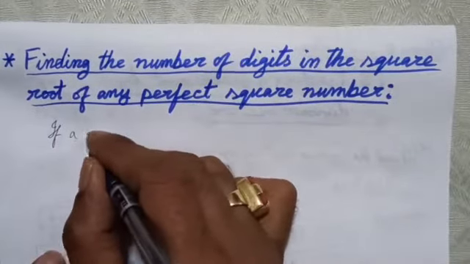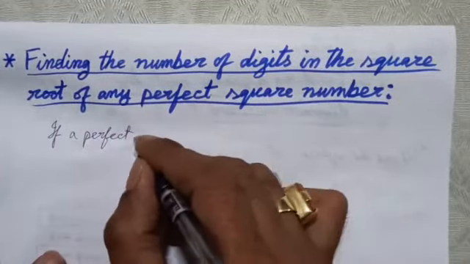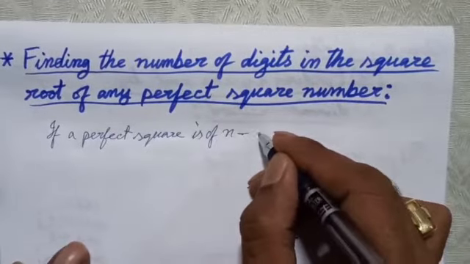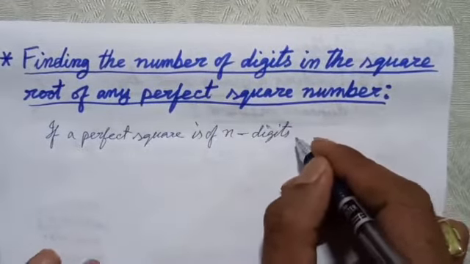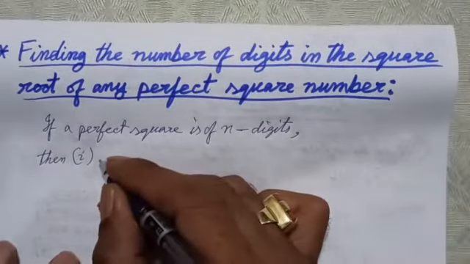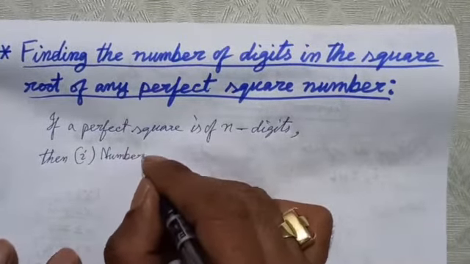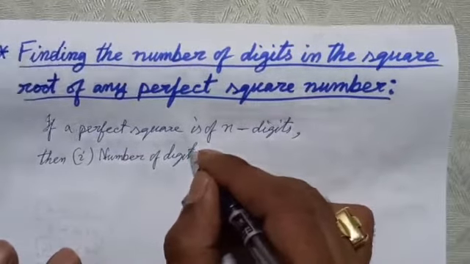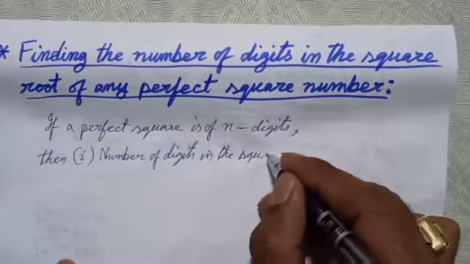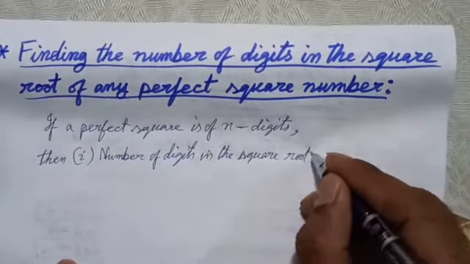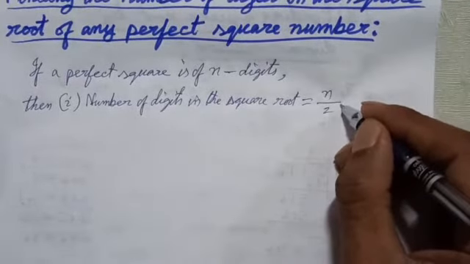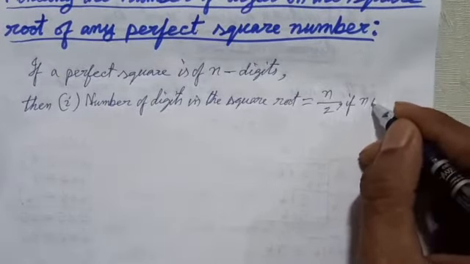If a perfect square is of n digits, then Roman number 1, number of digits in the square root is equal to n by 2 if n is even.